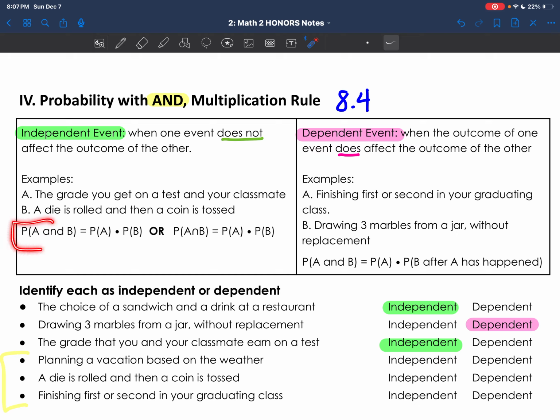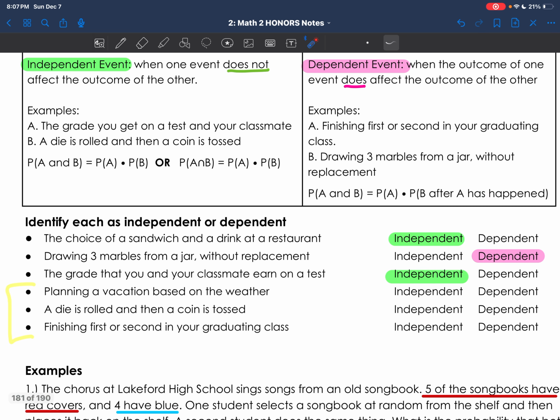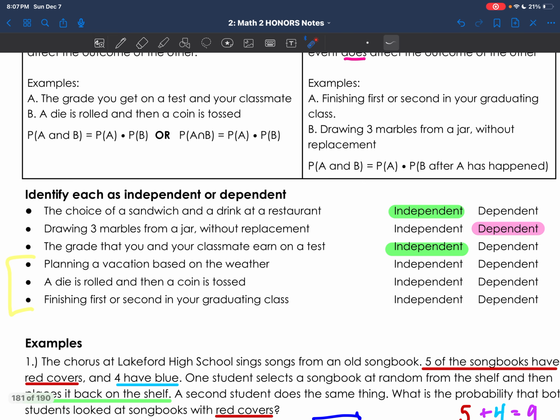So independent, you're just multiplying them together. Dependent, you're multiplying after the event's already happened. All right, so let's first check a few examples. The choice of a sandwich and a drink at a restaurant are independent from each other because a sandwich isn't connected to which drink you order.